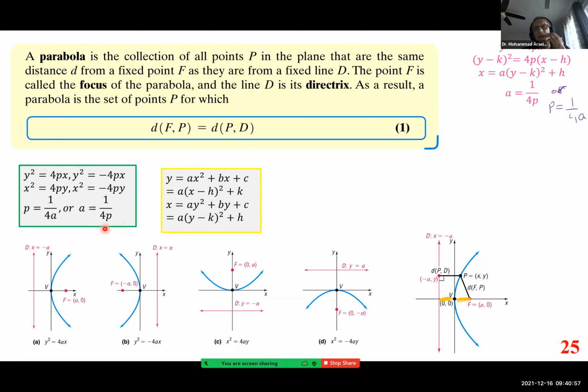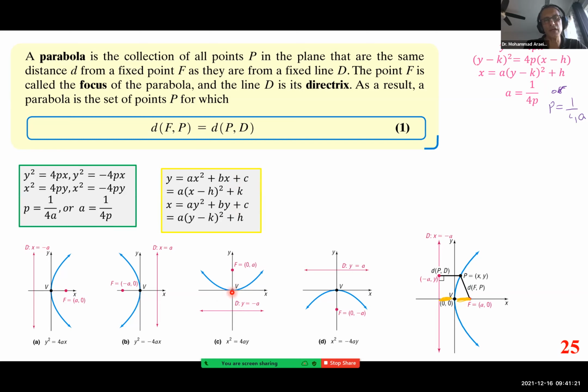Now let's look at the case in general and how they work. First, I want to stick with the opening up and down, because we did that first in intermediate algebra. When it opens up, we have a vertical line of axis of symmetry. Now, if it opens up, remember the focus is somewhere inside.